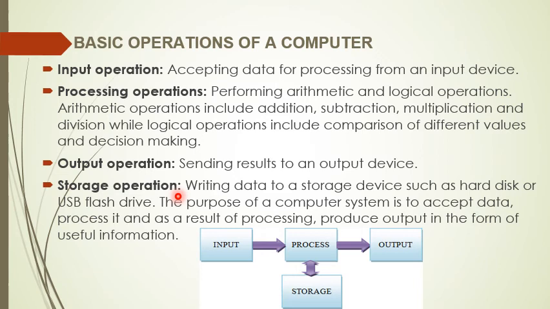Sometimes the output which is coming from the processor, we have to store that result, on any storage device. That storage device can be, for example, a hard drive, your USB drive, compact disc, CD drive, or it can be a floppy drive.